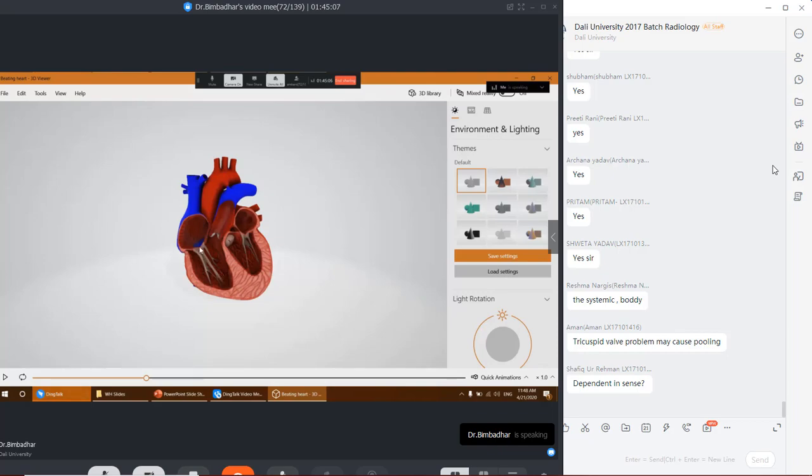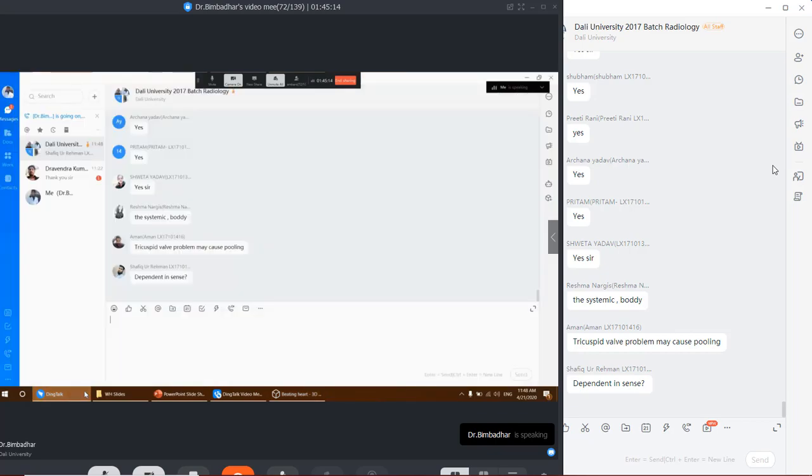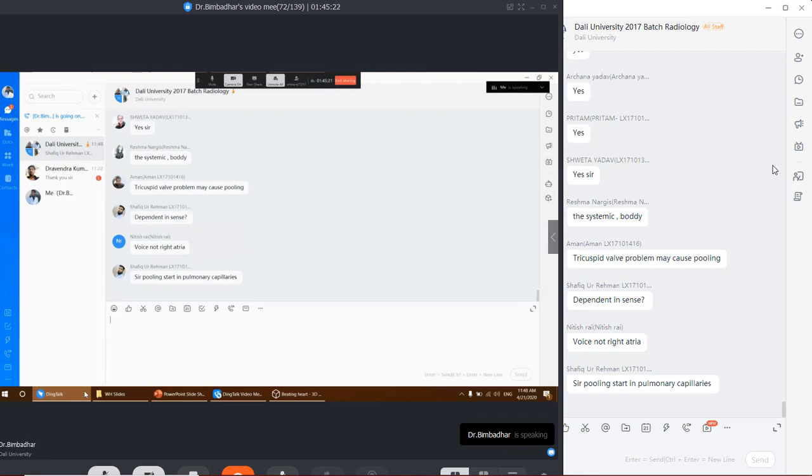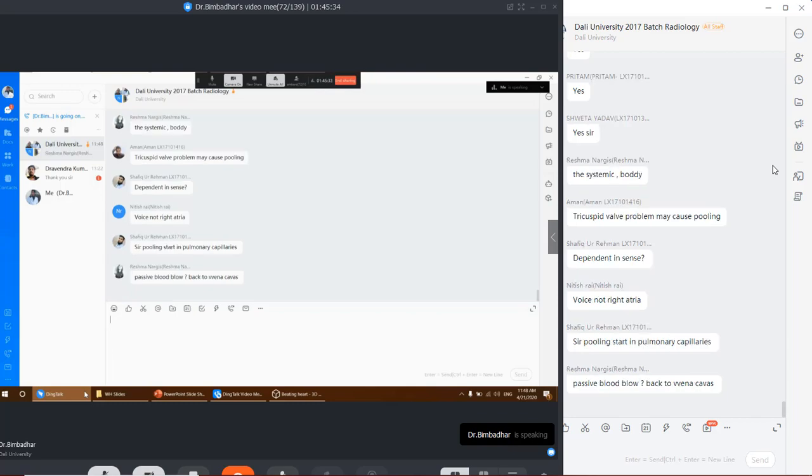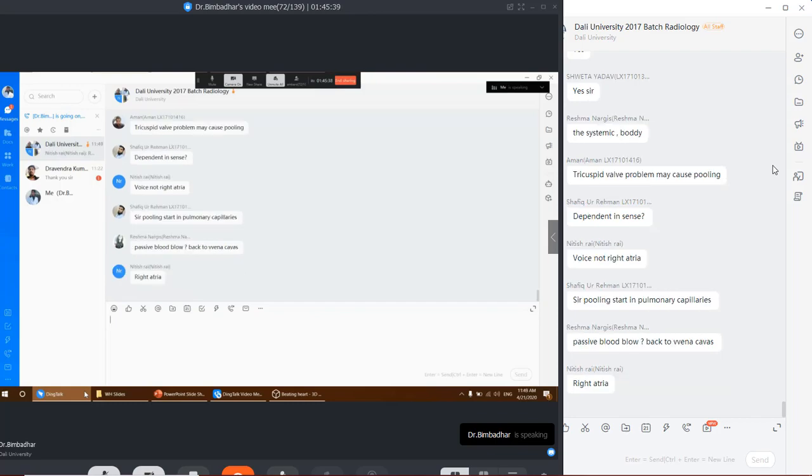This one is normal. The pulmonary valve is normal and the tricuspid valve is normal. Where does the blood start to accumulate? What is the structure? How could it start pooling in the pulmonary capillaries? It will start accumulating with passive blood flow. It will back up into the right atrium. It will back up into the vena cavas.